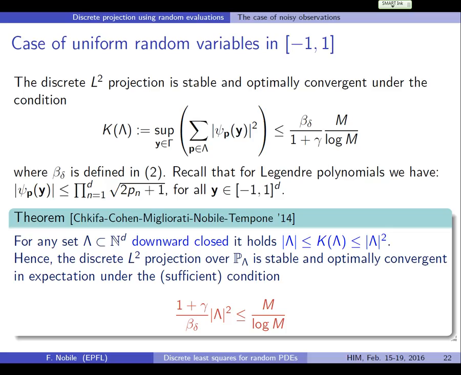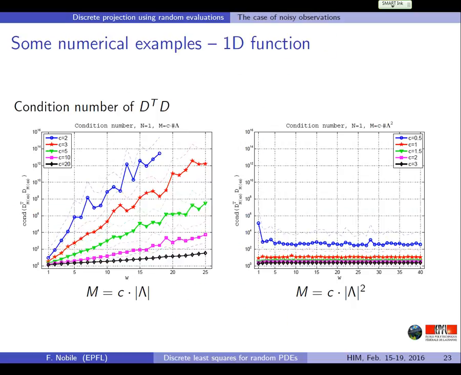And this we see numerically when we take uniform random variables and Legendre polynomials. So this is an academic case in dimension 1, so one random variable. We look at the condition number of the Gramian matrix, and if we keep a linear scaling, it blows up exponentially in the polynomial degree, and if you keep a quadratic scaling, it stays bounded for any polynomial degree.